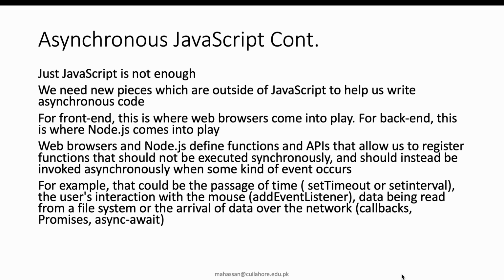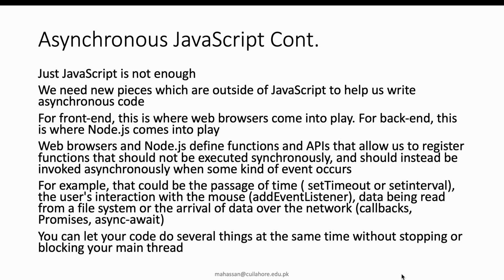For example, that could be the passage of time, the user's interaction with the mouse, data being read from a file system, or the arrival of data over the network. This means you can let your code do several things at the same time without stopping or blocking your main thread. This is pretty much the what and why of asynchronous JavaScript.